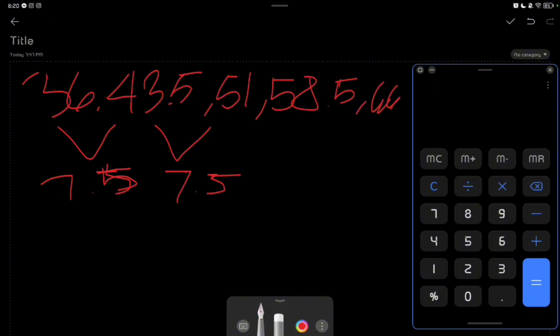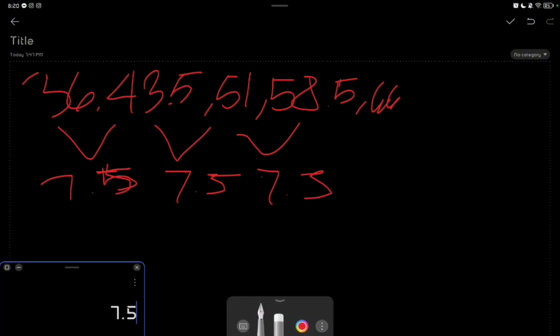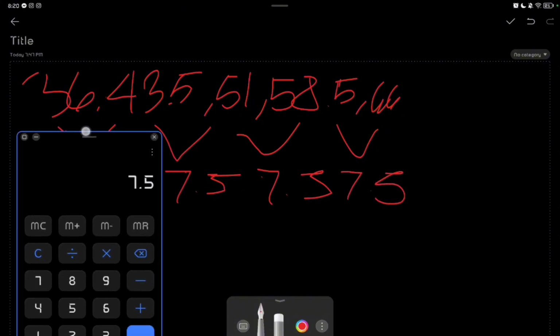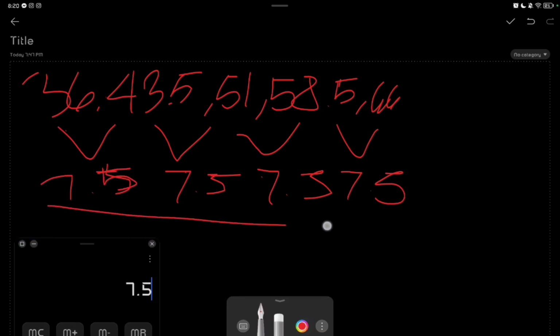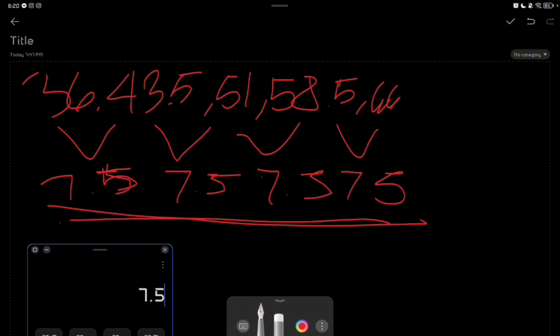And then 58.5 minus 51, it's 7.5 again. So for now we can see the pattern. And then 58.5 plus 7.5 is 66. So we will get the next 3 terms because we can see the pattern here. The pattern here is we will add 7.5 to get the next term.